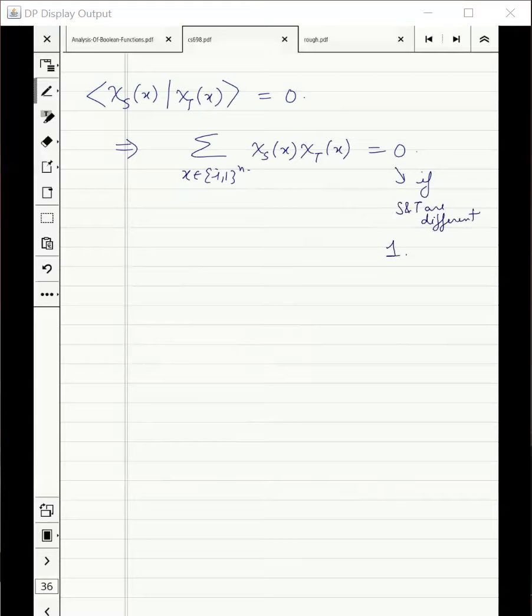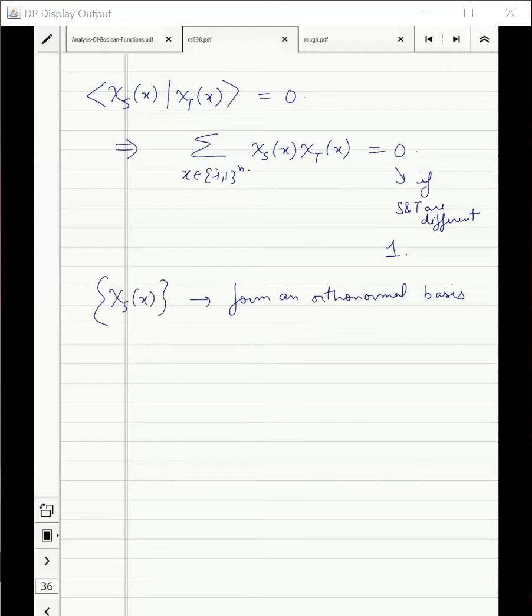I wanted to show that these functions are going to form an orthonormal basis. Orthonormal basis of what? R to the power 2^n. Correct. The space which we are very, very familiar with.